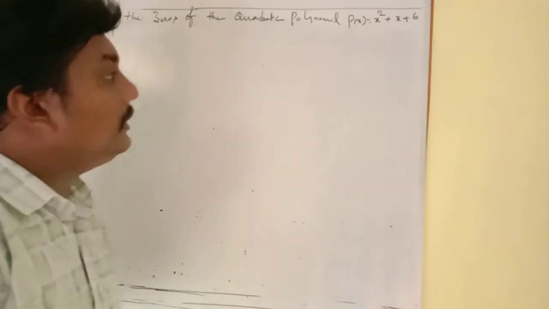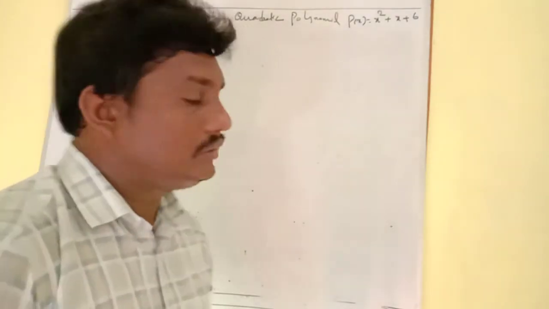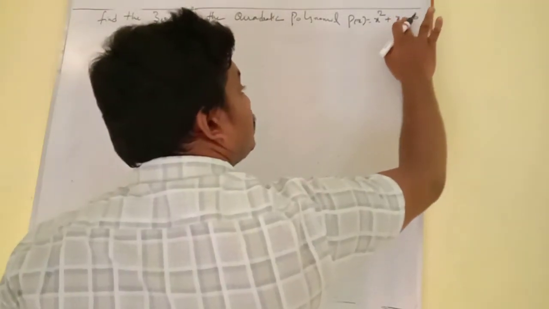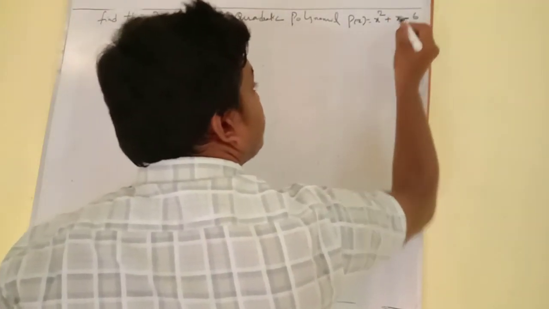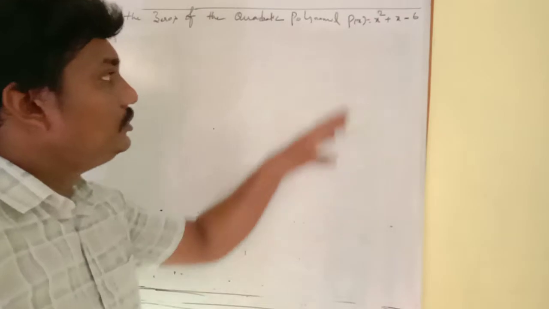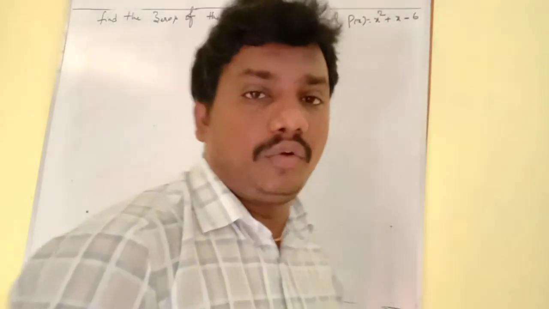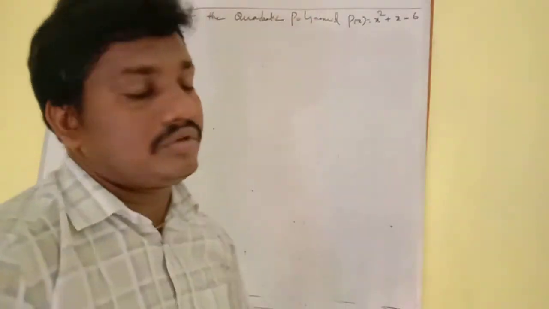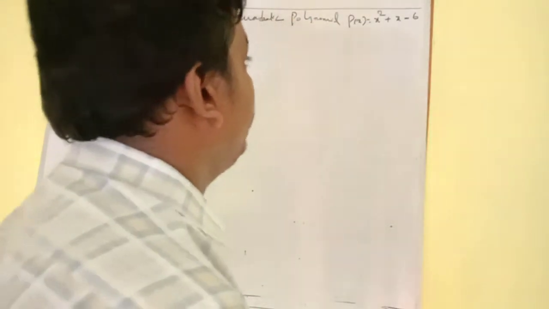Sorry, this is minus 6: x square plus x minus 6. So this is a quadratic polynomial. Now we are going to find the zeros of this quadratic polynomial and also verify the zeros by the algebraic method.